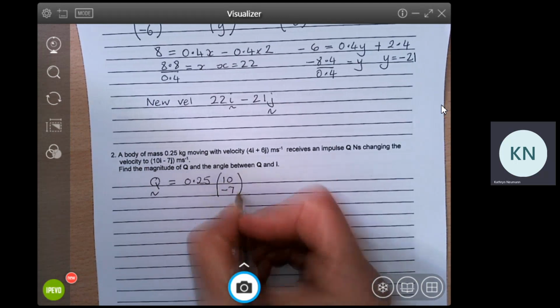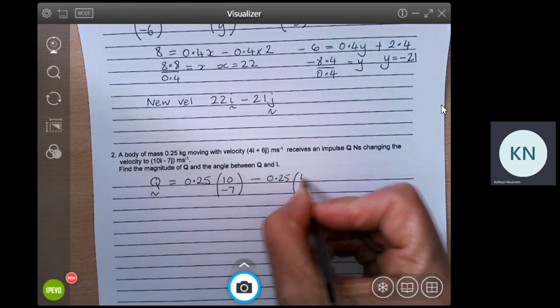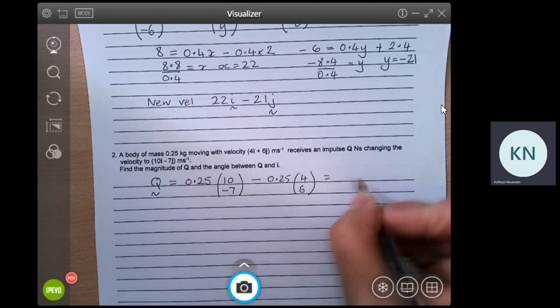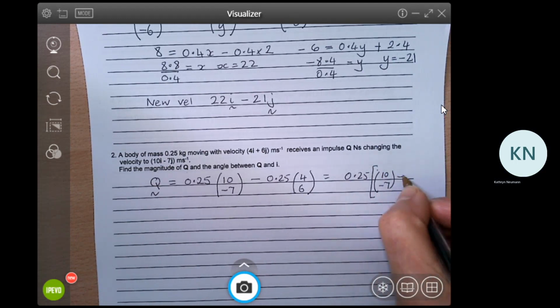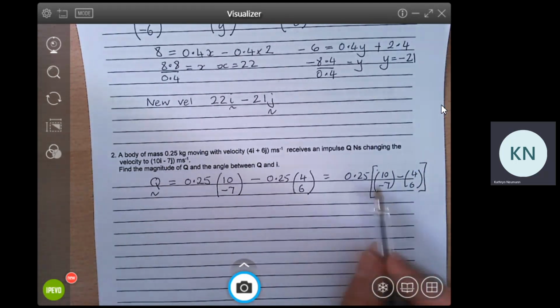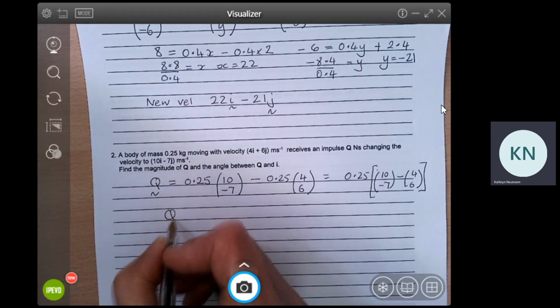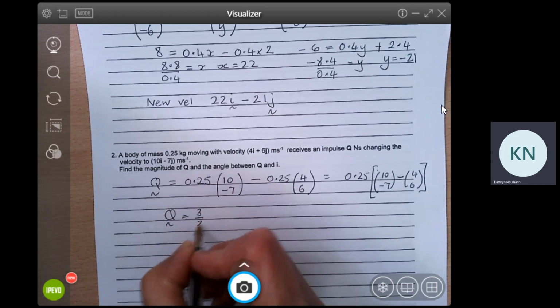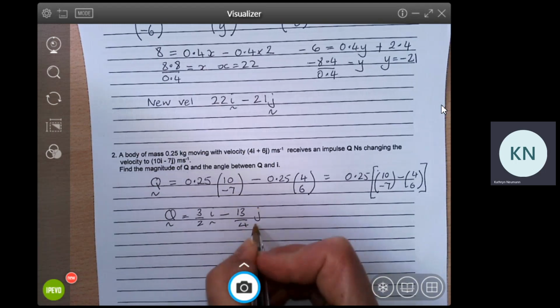You could write that as 0.25 and then a bigger bracket and subtract the 2 vectors for the velocities. Just be careful that you remember everything gets multiplied by the 0.25. So when you sort all of that out, you get that q is equal to 3/2 i minus 13/4 j.